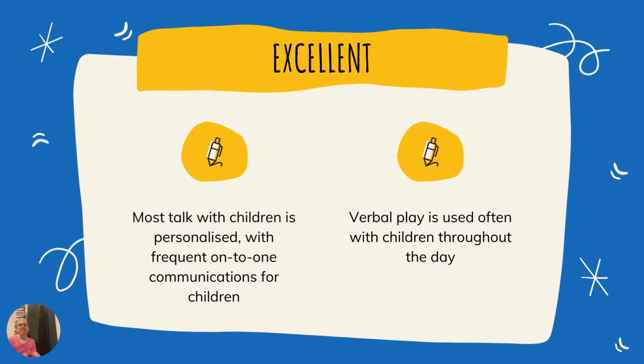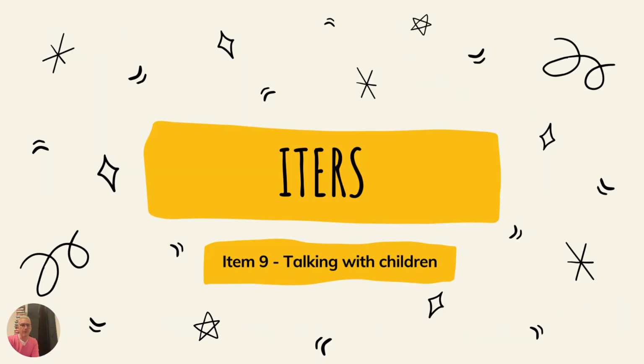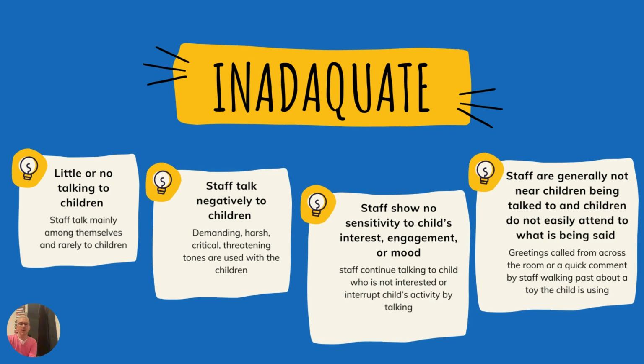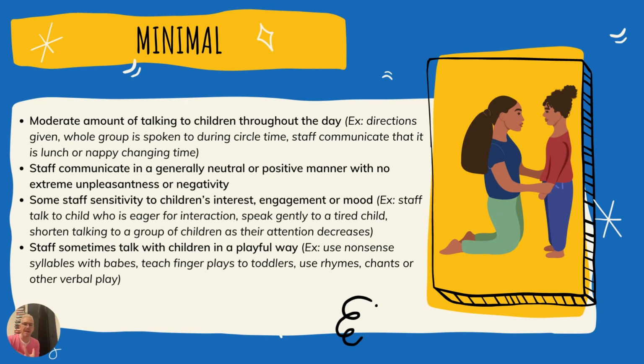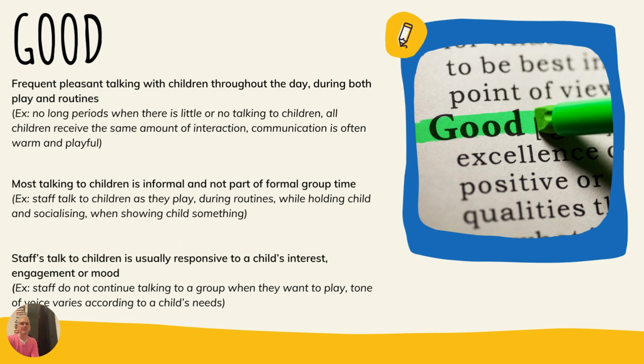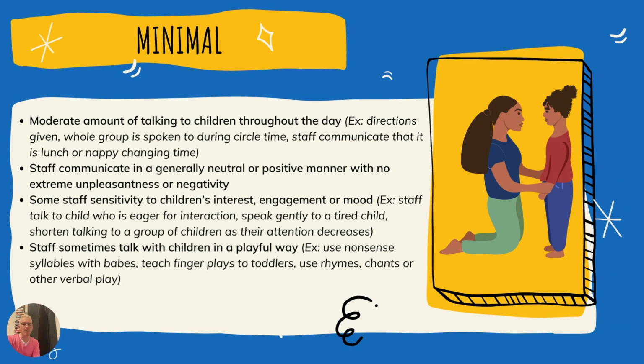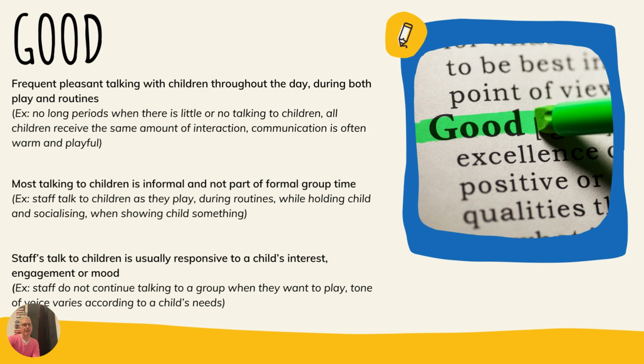So what you're able to do now, based on my little explanation here of the ITERS rating scale for item 9, which is talking with children, you're able to see what would be inadequate, which is a number 1 on the rating scale, what would be minimal, which would be a number 3 on the rating scale, what would be good, which is a number 5 on the rating scale, and of course if you met the minimal requirements, which as we said is a number 3, and you met half of the goods, say for example the first 2, then you would be coming out at a number 4.